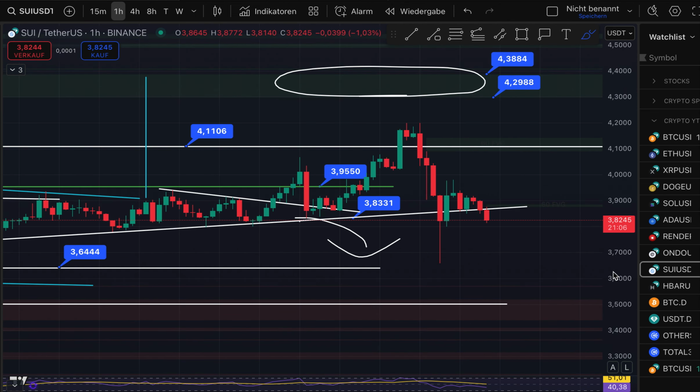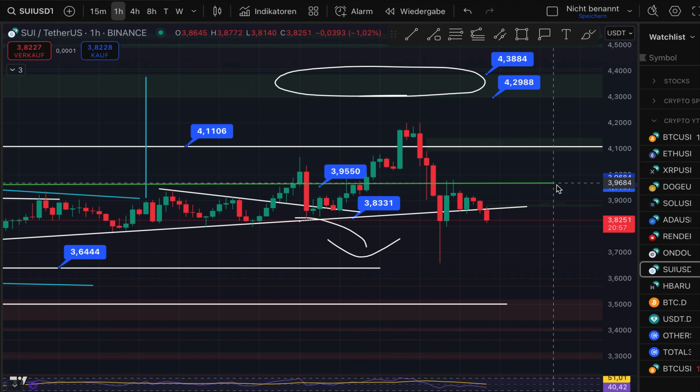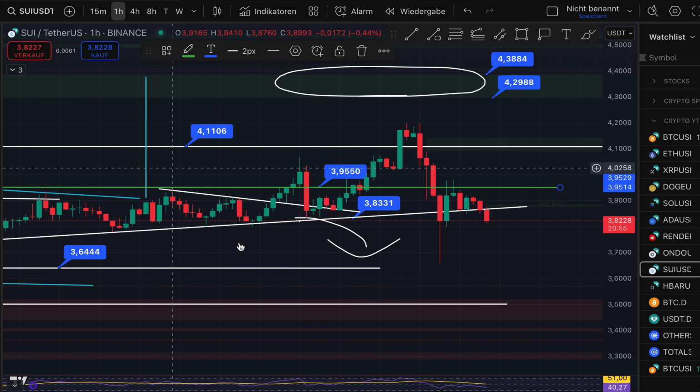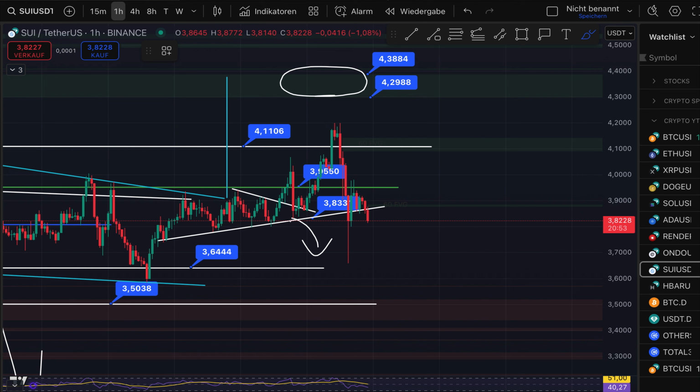SUI is the only coin which doesn't look good. We have lost the $3.95, which was our trigger for the long position. If we zoom out, then you can see, let me take out the price mark more to the right side. We have always said breakout, retest, follow through.